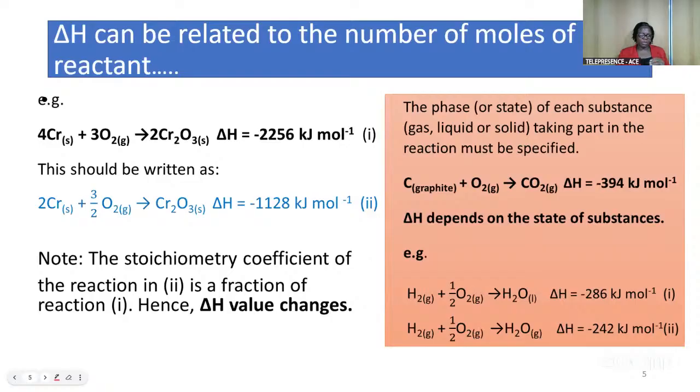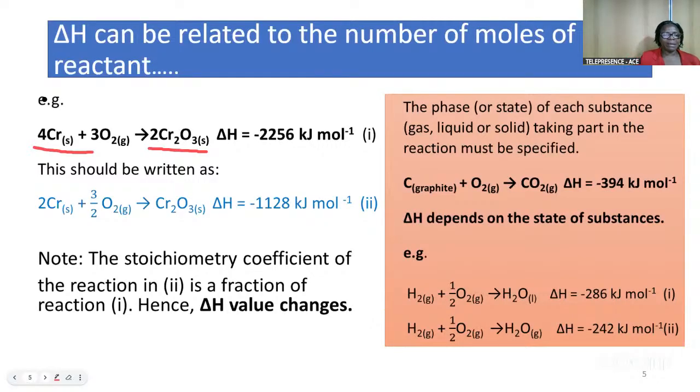Enthalpy change can be related to the number of moles of each reactant. And this is what we mean. The example that I've given here is to show you that if you have 4 moles of chromium in solid state reacting with 3 moles of oxygen gas to give you Cr2O3, the enthalpy change for that process is minus 2256 kilojoule per mole.